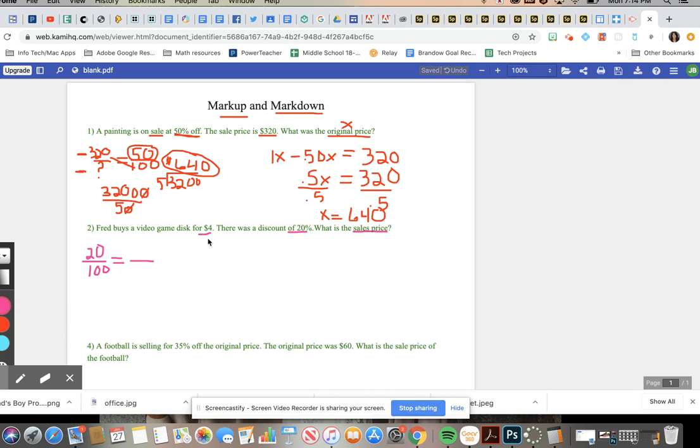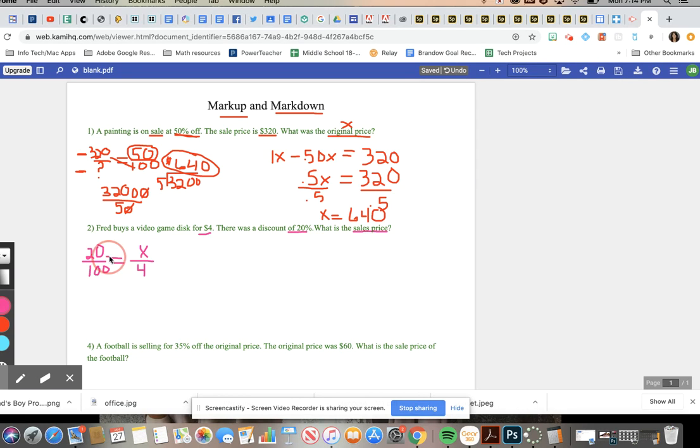And the other number that I know is $4. Now, is $4 my part or the whole? Well, I'm looking for the sale price. And again, like on the last one, the sale price is going to be the top number. So we don't know that. So I can put an X there. That's my question mark. And $4 is going to be my whole. Because I'm finding the sale price, so I know it's going to have to be less than $4. Otherwise, I didn't do this right.